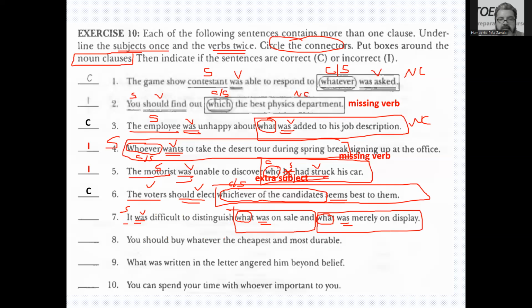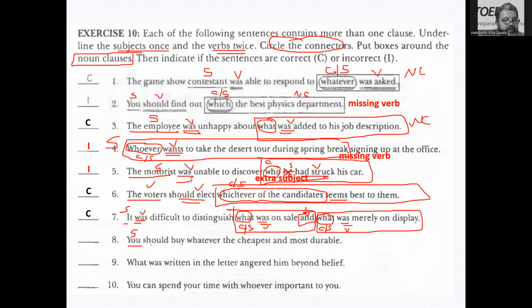Okay, so we got subject, verb, connector, subject, verb, connector, subject, verb. It's fine, right? Because we have this conjunction here that puts together these two clauses, so it's fine.